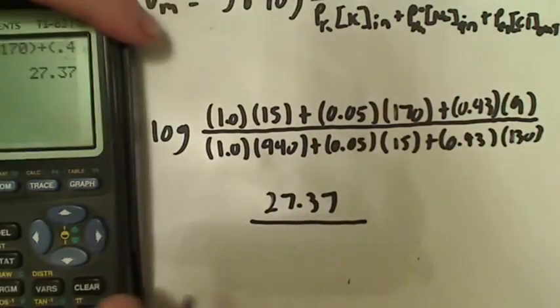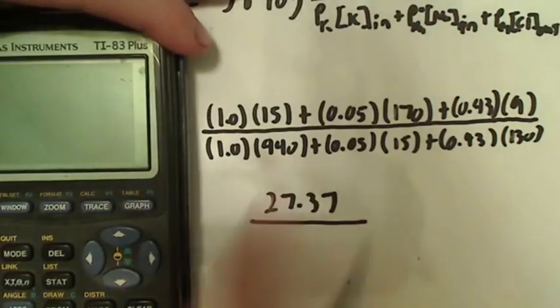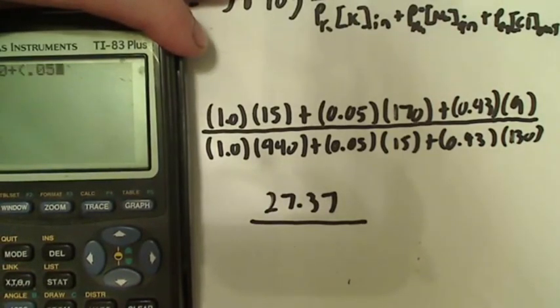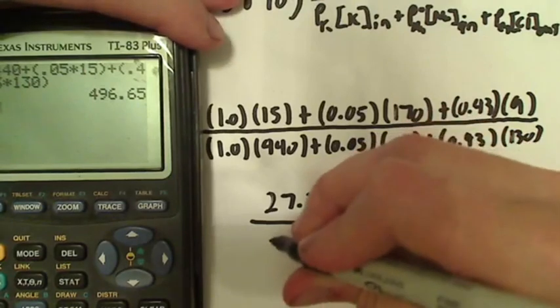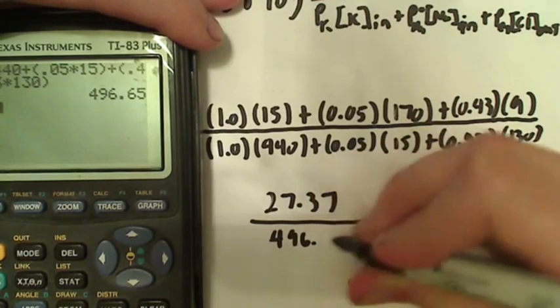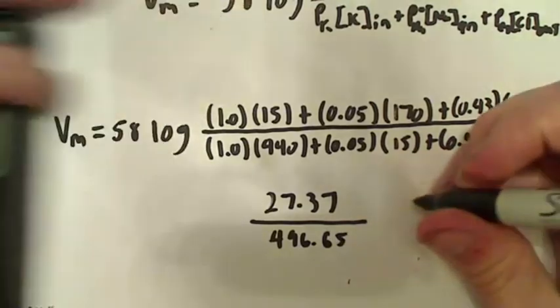And let's see, the bottom is 440 plus 0.05 times 15 plus 0.43 times 130, and I get 496.65. So I'll plug that in, 496.65.